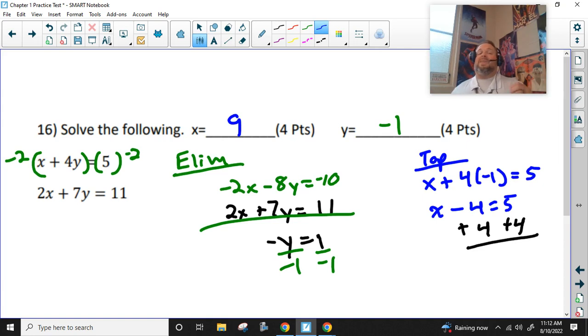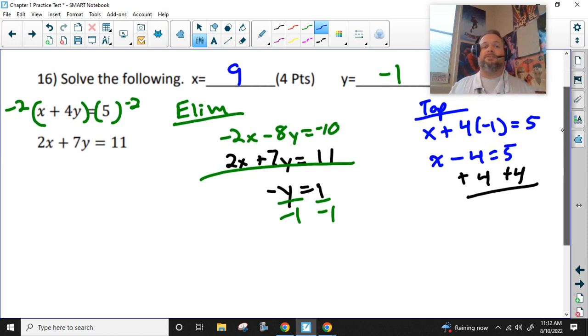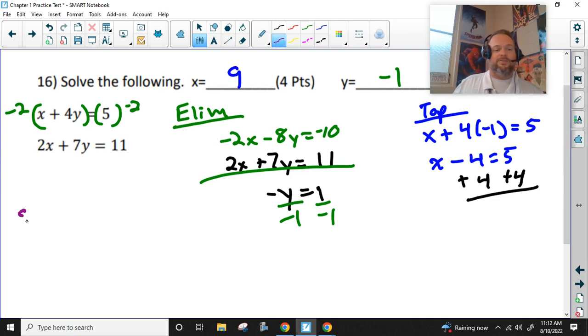Now, number 16 is also set up very easily to move it to substitution, correct? How many of y'all did substitution? If you did substitution, you probably took the top and solved for X, right?